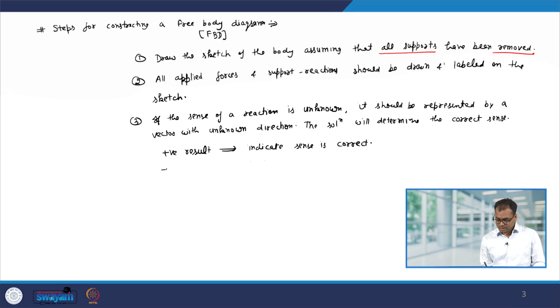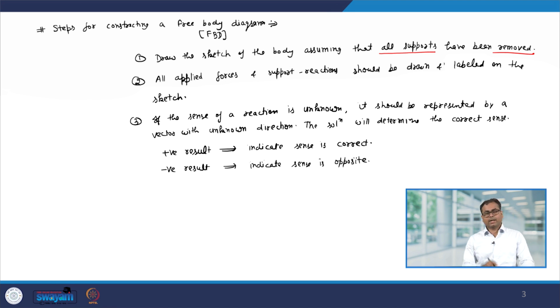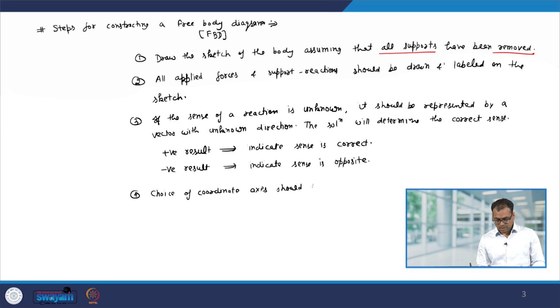And if the result is negative, that means the indicated sense is opposite and we have to change its direction. Now, another important point is the choice of the coordinate system, it should also be directly shown in the diagram.